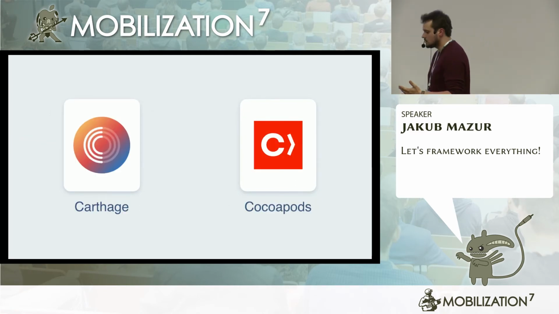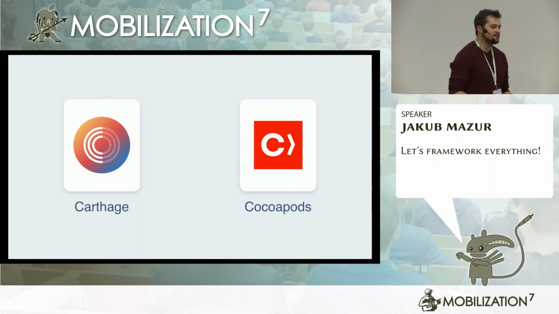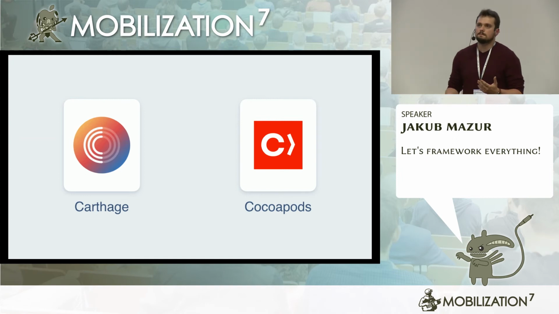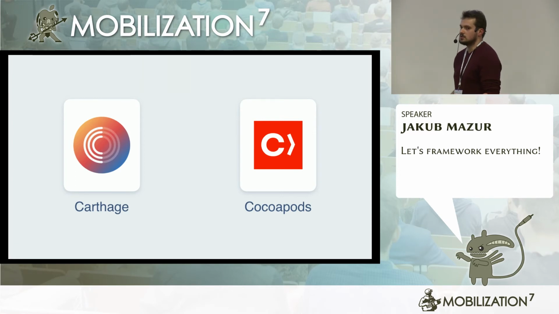In the end, I would like to have a short talk about the dependencies here, because there are two main dependency managers, Carthage and CocoaPods, of course. And for doing the framework, Carthage is super easy to use. It can be set up in 5 minutes.